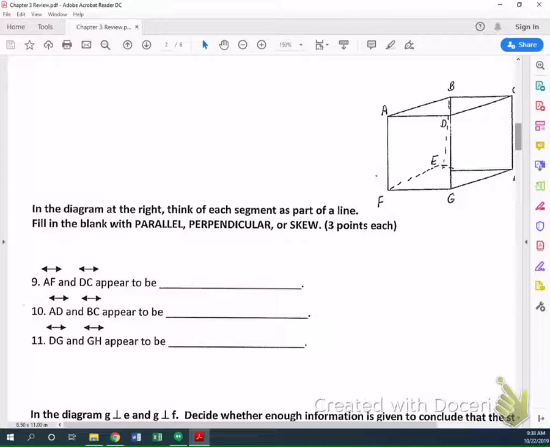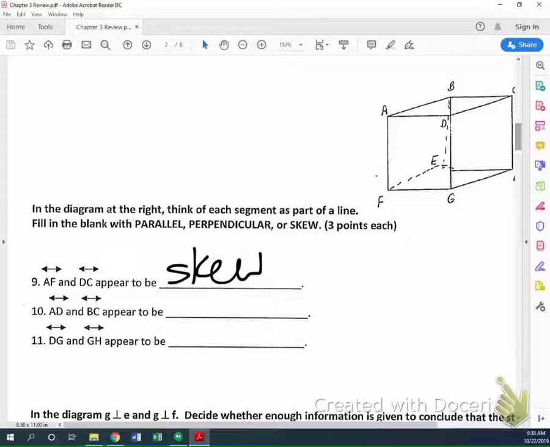So we are trying to decide if they're parallel, perpendicular, or skew. So line AF is this one. Line DC is coming out at us, so you are right, those are skew. All right, line AD. I'm going to erase this now.